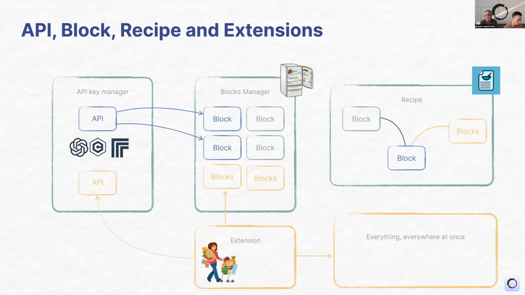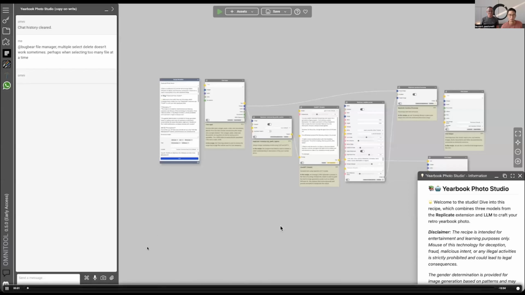So let me walk you through an example that uses a tool from an extension to create a recipe. Let's move on to the build demo. All right, so now I'm going to show you how to create a new recipe from scratch.